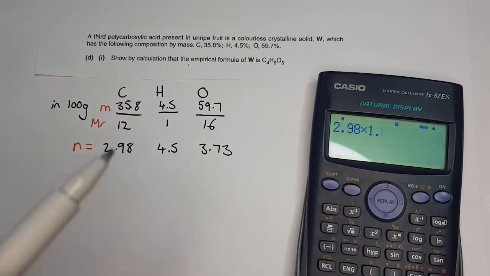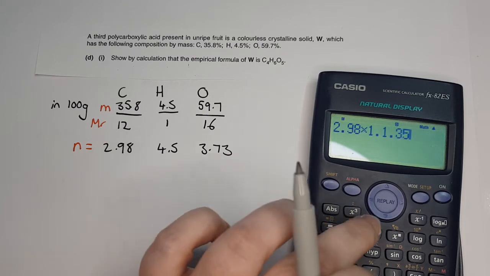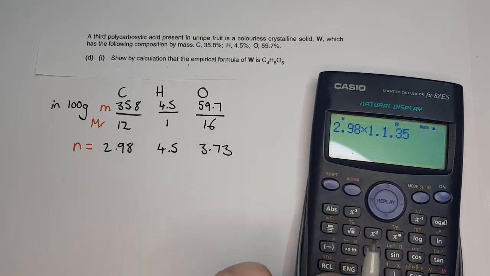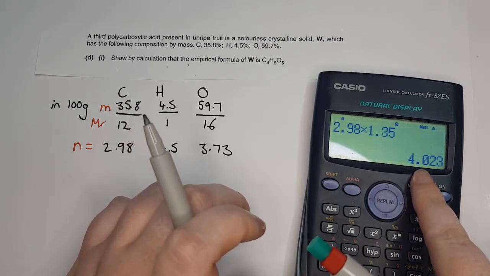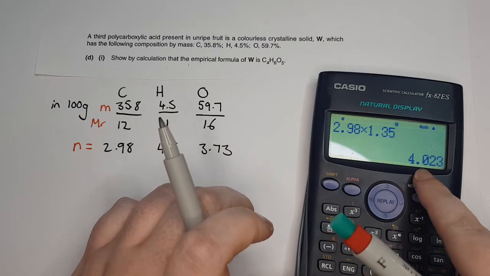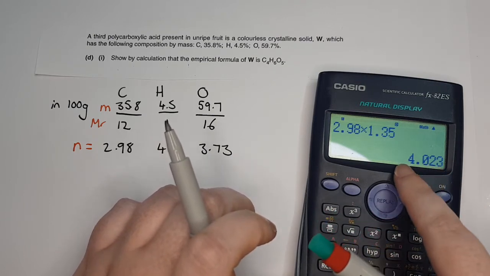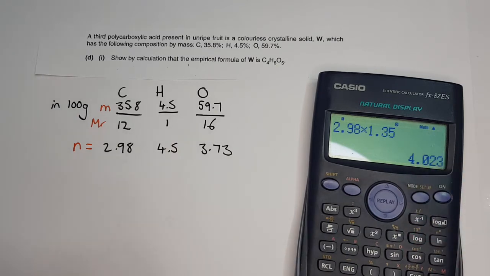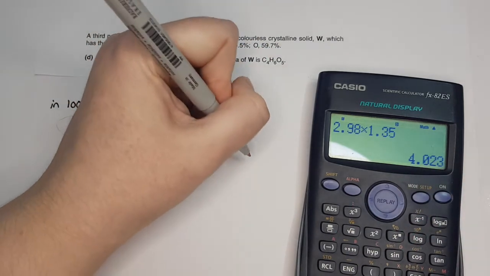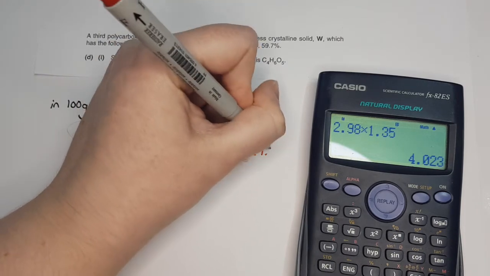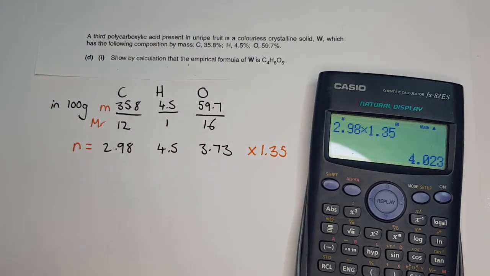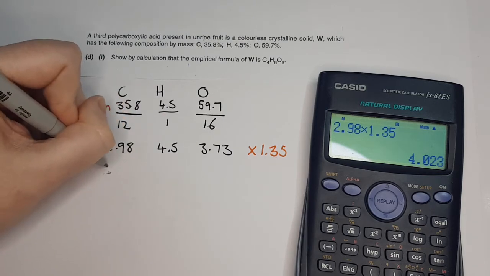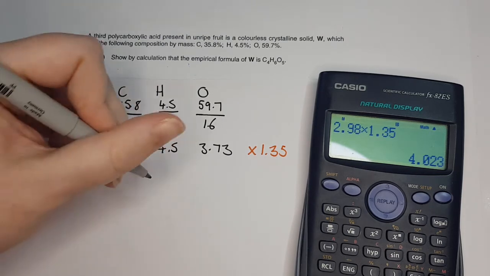So I'm going to try a number between 1.3 and 1.4, so I try 1.35. And now I get 4.0, which is the important part there. So that's how I can say each of these values, if I times it by 1.35, I will end up with 4.0.